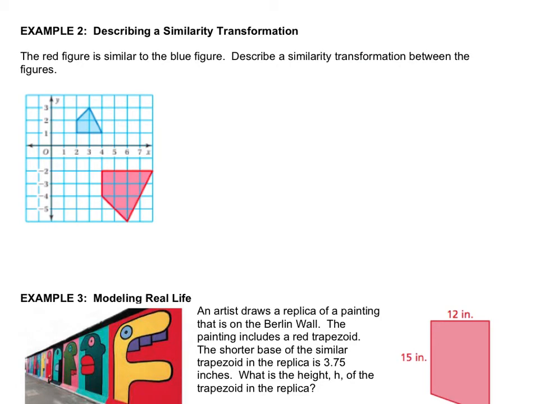Now, clearly this red one is larger than the blue one. So if it is similar, we definitely have some sort of a dilation that went from larger to smaller, or a reduction. But if I was to do these just with a basic dilation, it wouldn't land like this. So we have to think of some other thing that has happened.